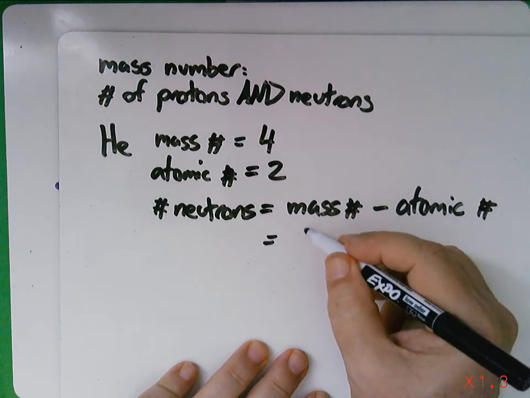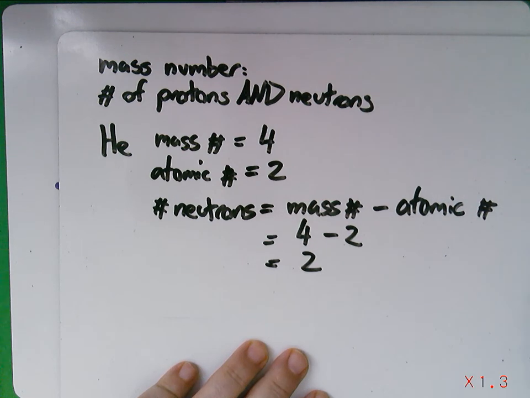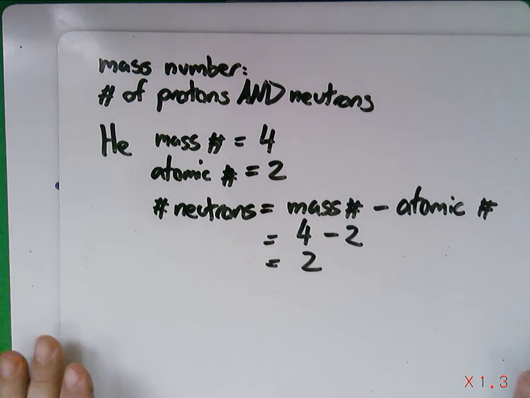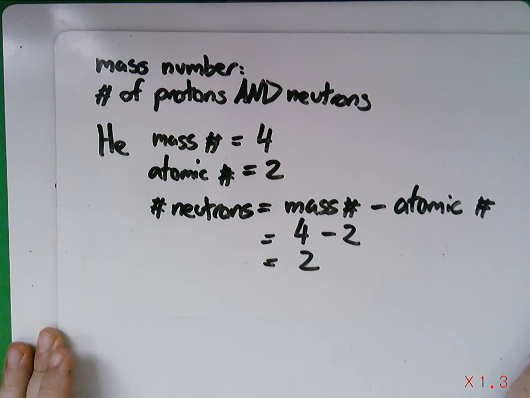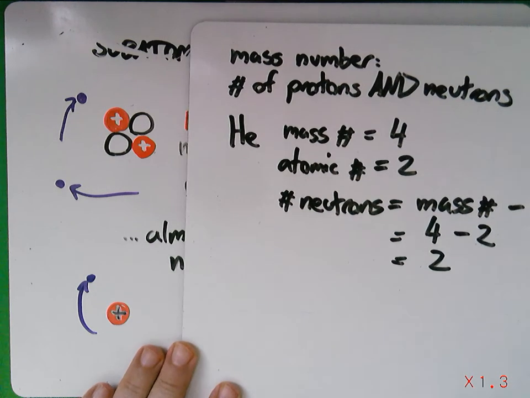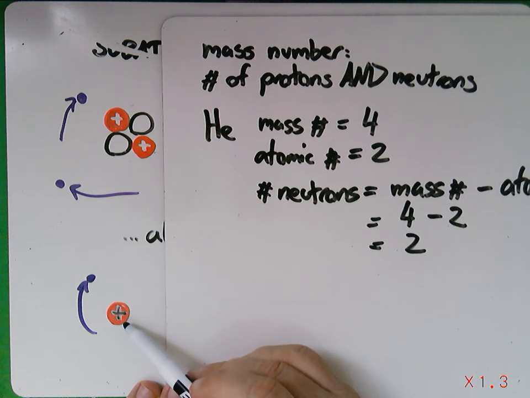So it'll be 4 minus 2. It's 2. So there are these 3 numbers now that we can write down: the mass number, the atomic number, and the number of neutrons that something has. This thing has no neutrons. Its mass number will be 1, and its atomic number is 1.